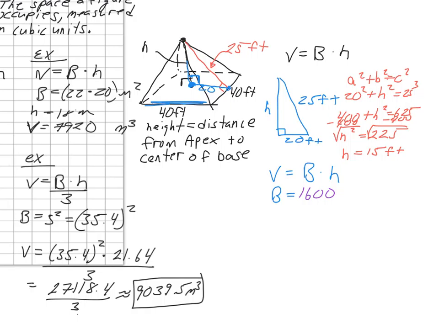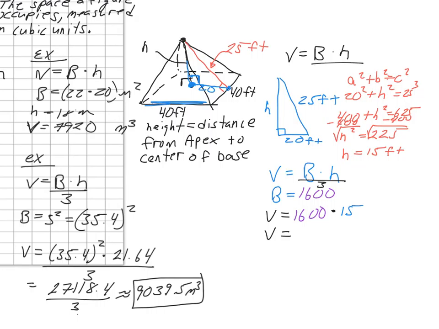My height was 15, so now I multiply those together. Volume is equal to 1,600 times 15, which gives me a volume of, whoops, I needed to divide that by 3.